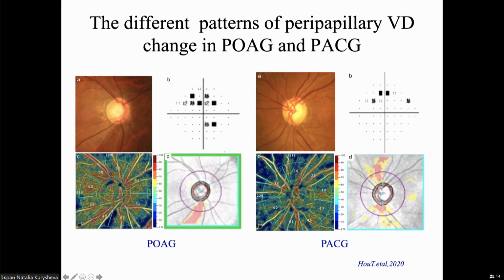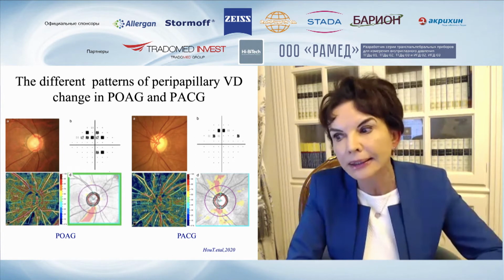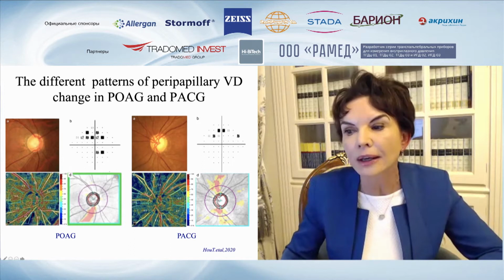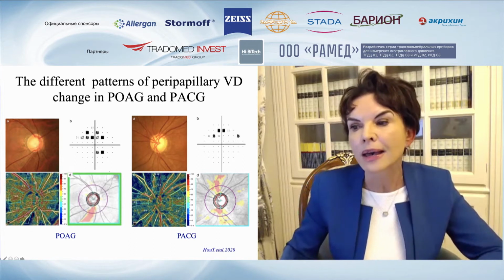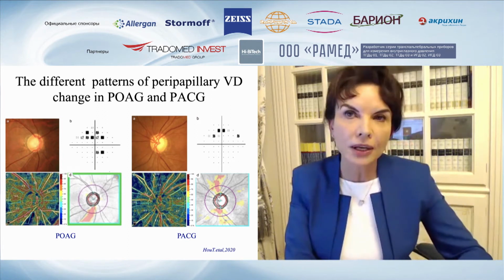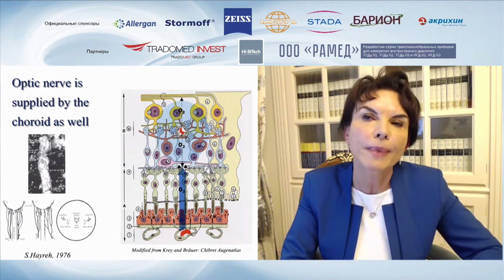It is important to note that in comparison between primary open angle glaucoma and angle closure glaucoma in regard to OCT angiography data, there is a difference only in the peripapillary retina, but not in macula. Explaining this data, the authors have assumed that this is due to the special blood flow to optic nerve that is derived also from the choroid. And we know that the choroidal blood flow much depends on IOP compared to the retinal microcirculation.